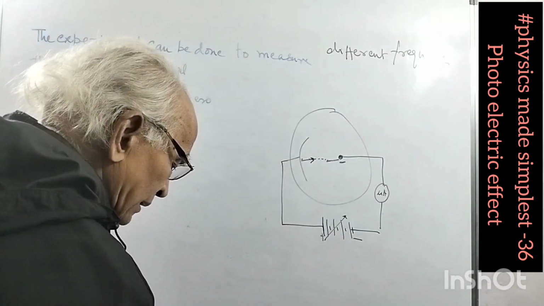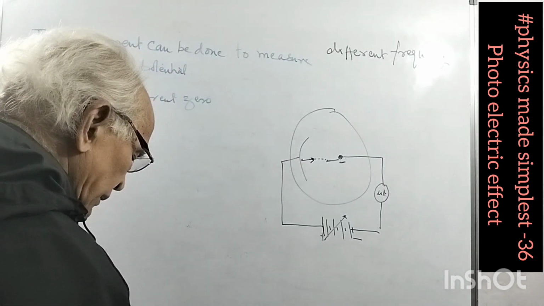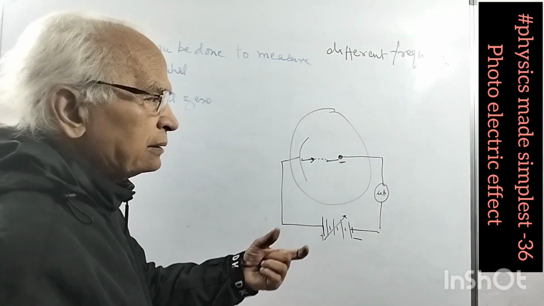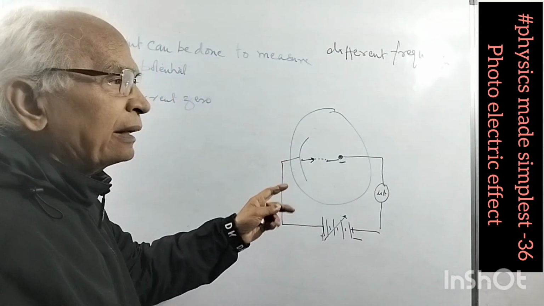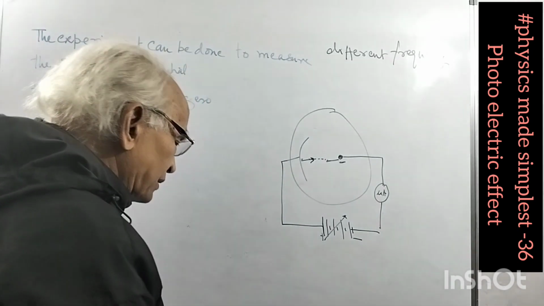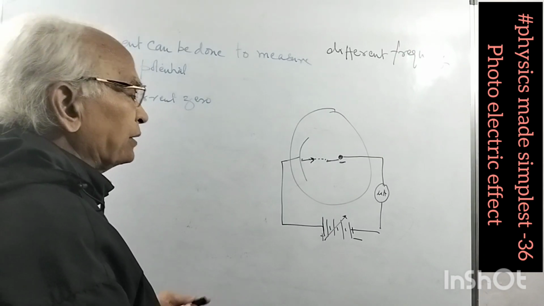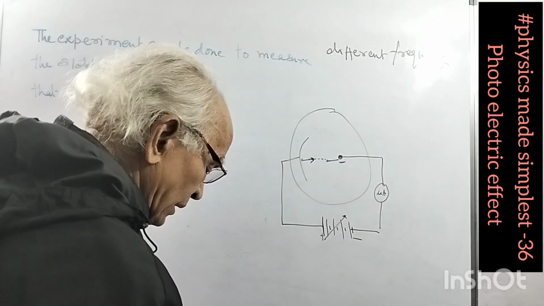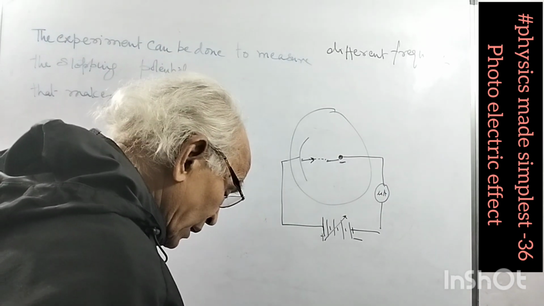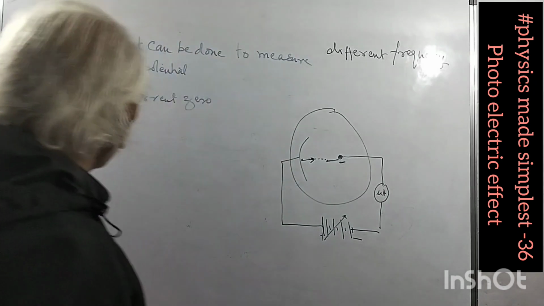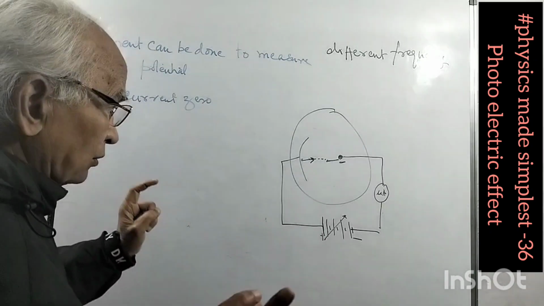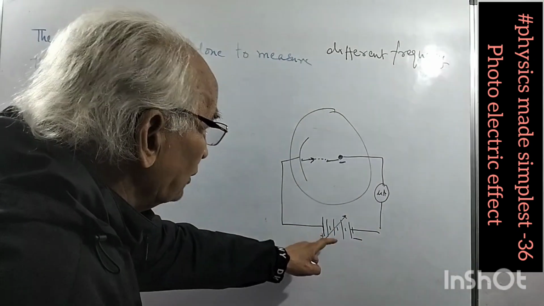Means you apply, say, a certain potential and increase it, current will decrease and finally current will be zero. So electrons will be stopped. So what is the potential which makes current zero, which stops all the electrons, keeping the frequency constant. Frequency is constant, you are changing this potential only.